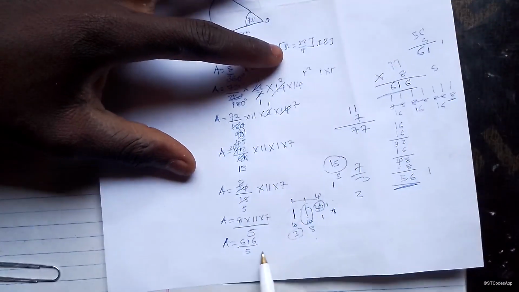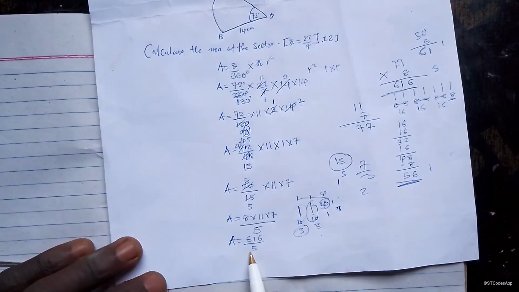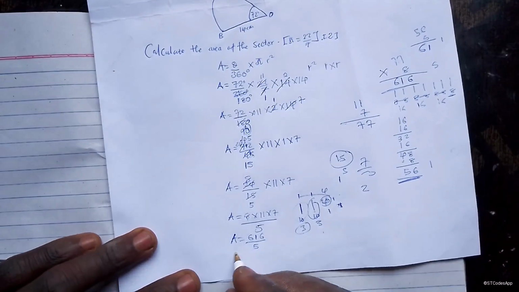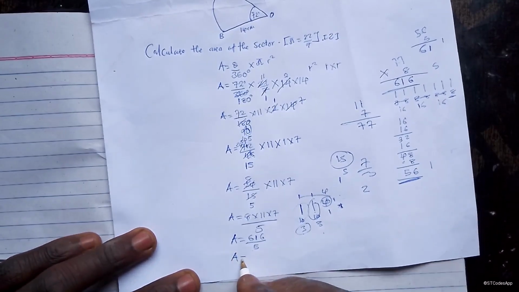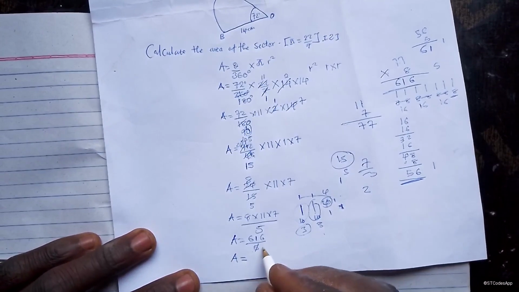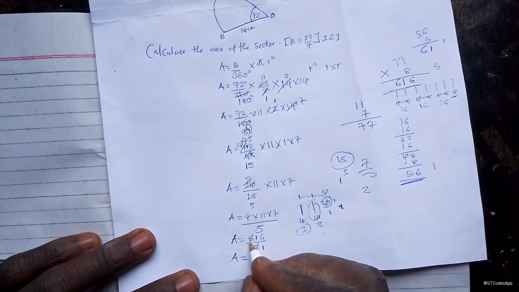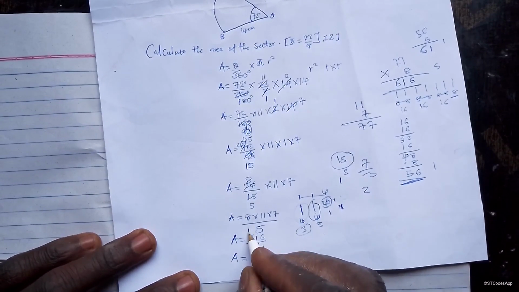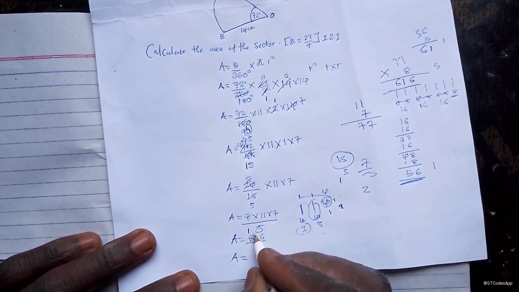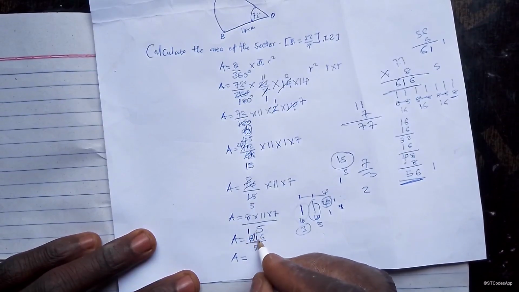Now, this one here is not our final answer. So here we need to divide. So I'm going to say my area is going to be 5 into 5, that's 1. 5 into 6, that's 1, remainder 1. So this one here is going to become 11.